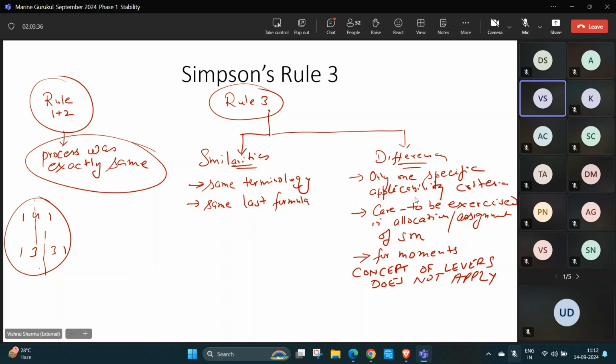For the differences, it was not studied together. Understood, beta? I'll be clearing the screen if anybody wants to take a screenshot, though it's not necessary. Are the similarities and differences clear, beta? Yes, sir, clear. So the concept of levers will not be applicable when you use rule 3. I'm clearing this slide.